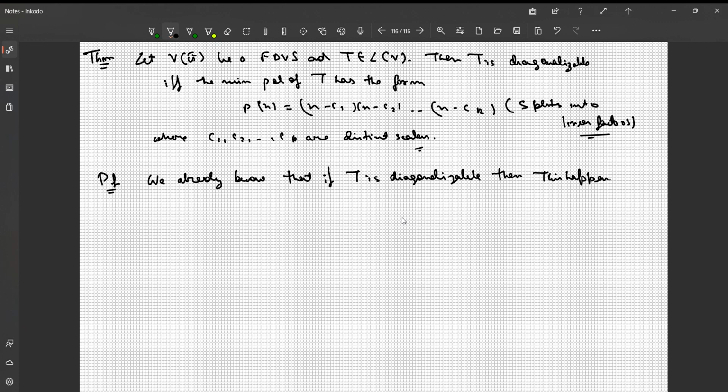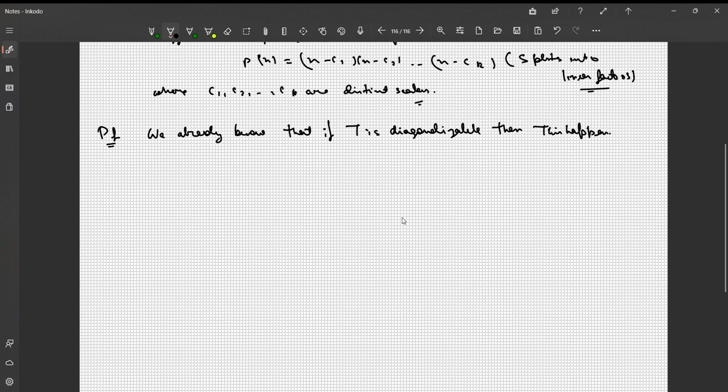Then this happens. So we need to prove that if T is of this form, if the minimal polynomial is of this form, then T is diagonalizable. So let's come up with that. Okay. Yeah, so this is this part, right?